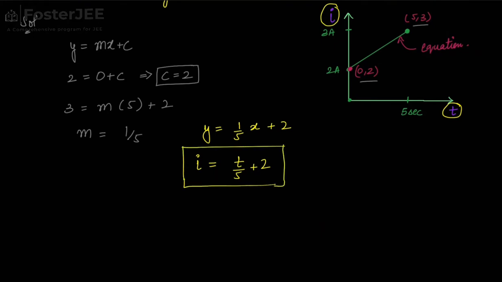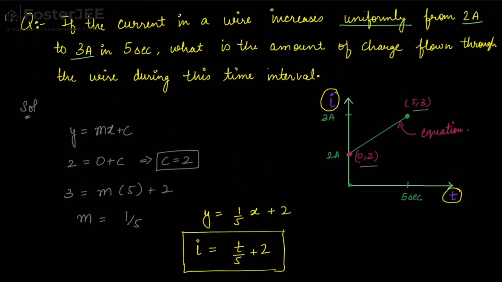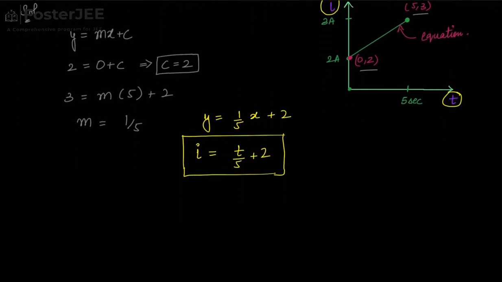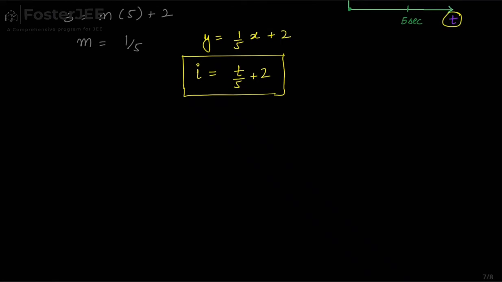Now simply we have to calculate the total charge flown through the wire during this time interval. Now we know current is dq by dt, and the value of current is t upon 5 plus 2.